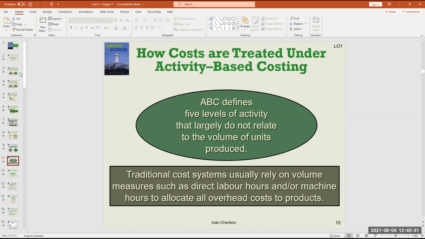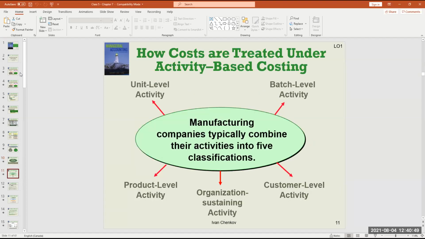In traditional systems, usually we rely on volume measures, such as direct labor or machine hours, to allocate the overhead. The 5 are unit level activity, batch level activity, customer level activity, organization sustaining activity, and product level activity. You can see those are not related to each other.